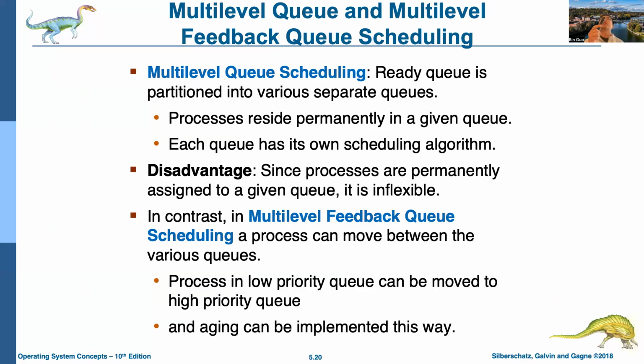But in the modern operating system, we always mix different CPU scheduling strategies together to achieve a very complicated purpose, like multi-level queue scheduling. The ready queue is partitioned into various separate queues, not only one queue, but multiple queues.